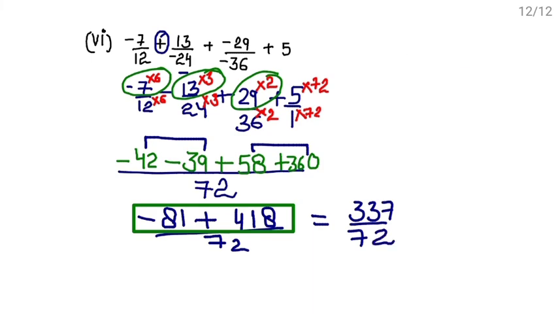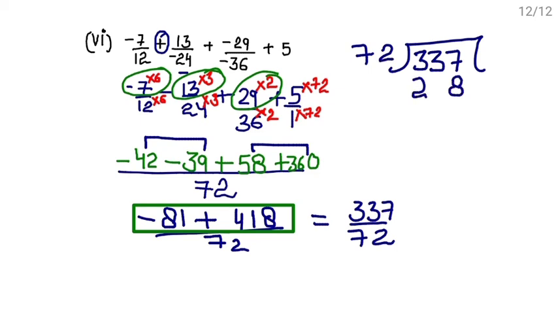Now you can observe that this is an improper fraction and you can change it into a mixed fraction. So change it by dividing the numerator 337 by 72. 72 fours are 4 twos are 8, 4 sevens are 28.